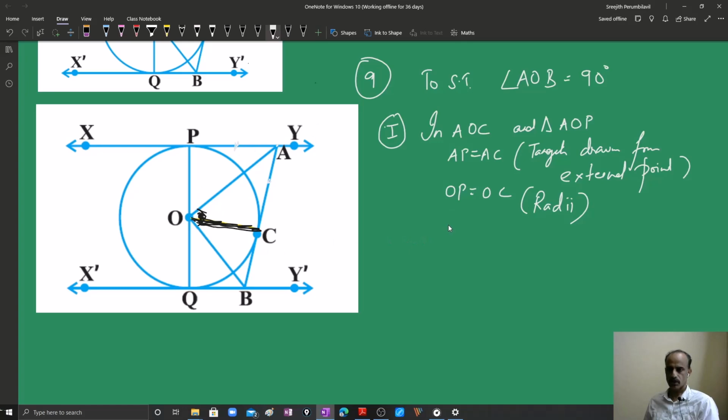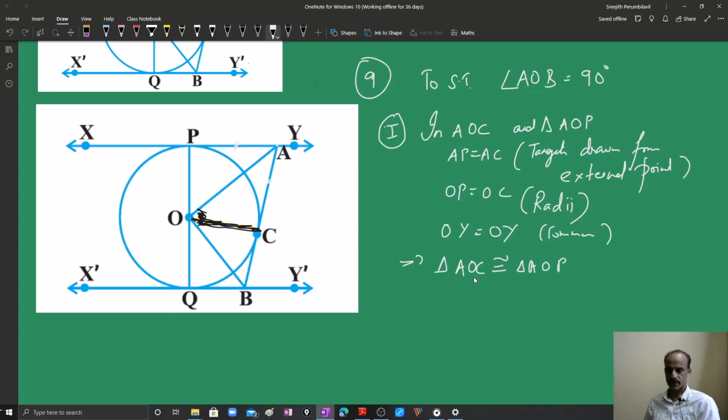Then OA is equal to OA, common. So there are two triangles in which all three corresponding sides are equal. Therefore, triangle AOC is congruent to triangle AOP.